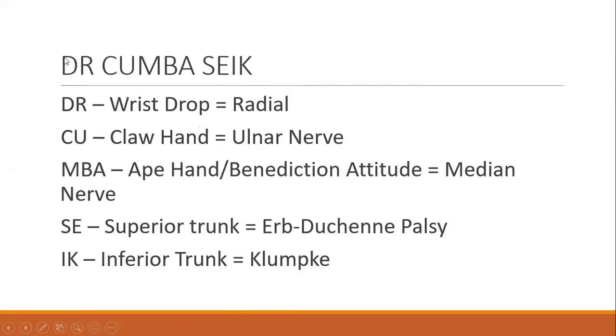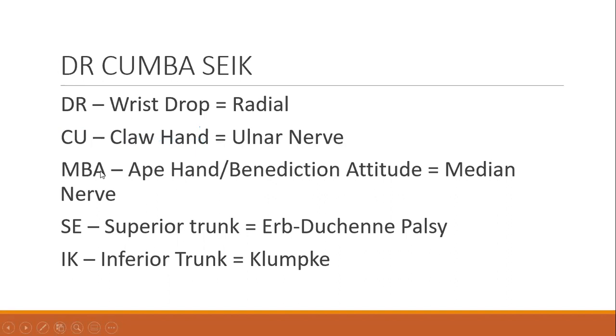So this is a mnemonic that me and my friends use to try and remember all of the different ways where if you damage a nerve, what will the patient have as a sign or symptom. So the mnemonic we used is Dr. Kumbasik. So the DR of doctor representing wrist drop, which you get from radial nerve damage. The CU representing claw hand, which you get from ulnar nerve damage.